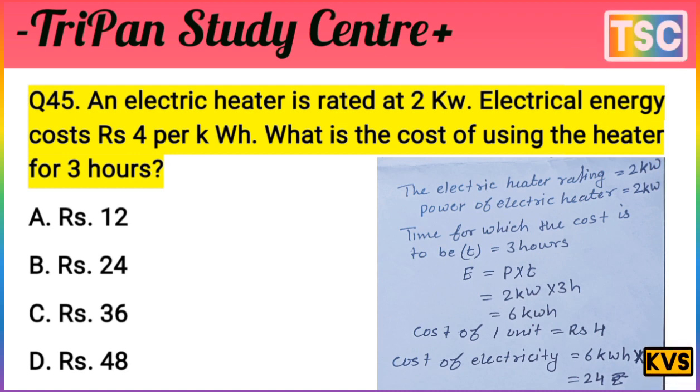The power is 2 kilowatt and the time is 3 hours, so the energy consumed is 6 kilowatt hours. The cost of 1 unit is 4 rupees, so the cost of electricity consumed is 6 into 4, which is 24 rupees. Option B is correct for this question.